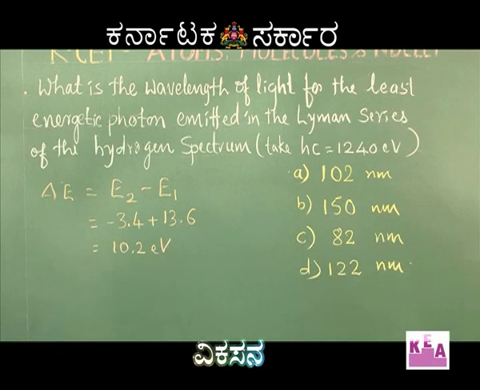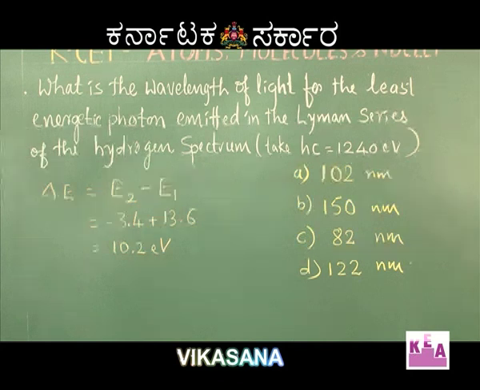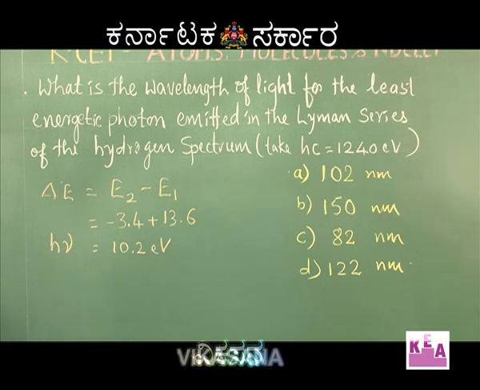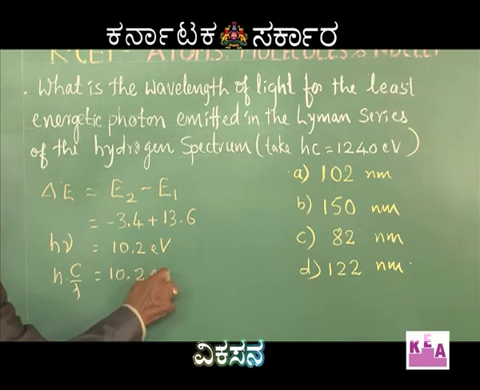Now, look here, you are asked to calculate wavelength of light for the least energetic photon. So, now for this delta E, again let me write h nu, and nu you have to take as c by lambda. So, h into c by lambda is equal to 10.2 electron volt.